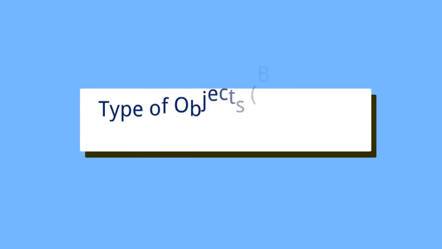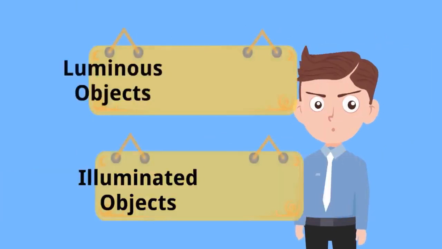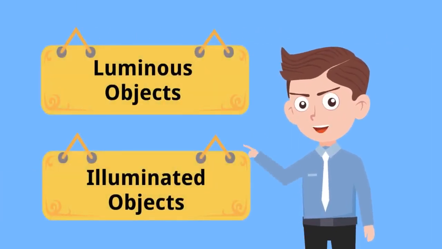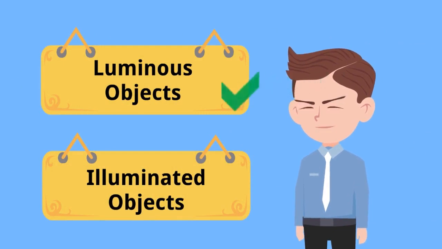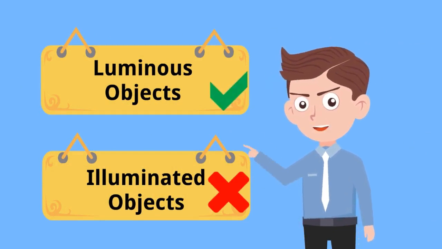So we understand that based on light sources, there are two types of objects, luminous objects and illuminated objects. Luminous objects can produce light and illuminated objects cannot produce light, they can only reflect light.